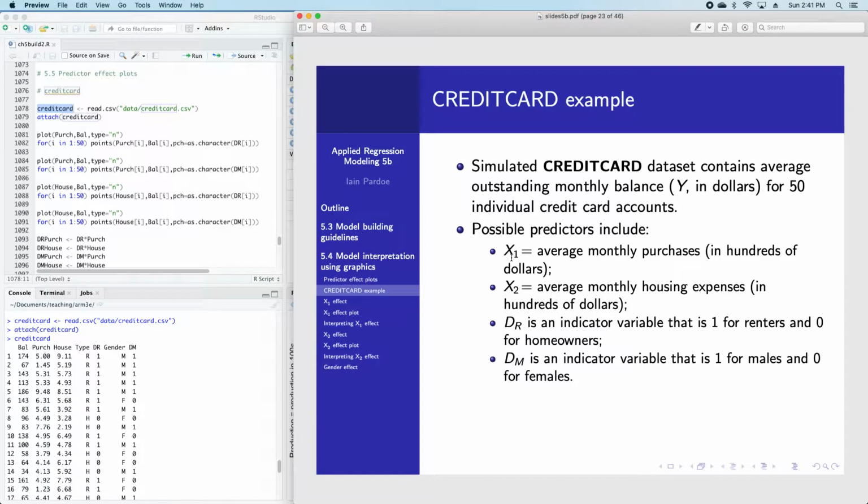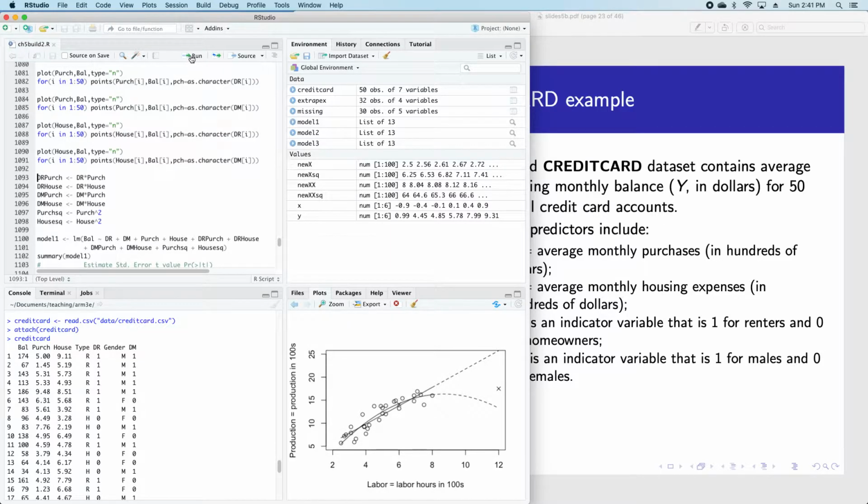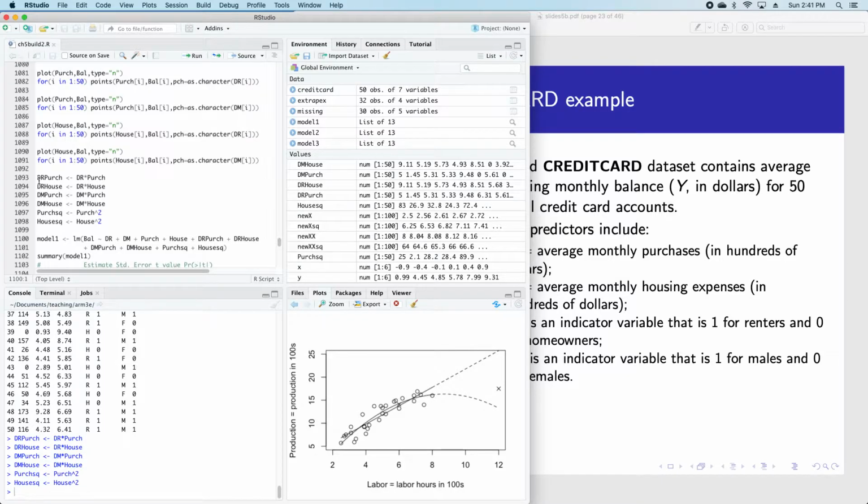And so we've got two quantitative predictors and two qualitative predictors that we are coding using dr, which is the indicator variable for renters rather than homeowners, and then dm is the indicator variable for males compared with females. So I'm going to create all of these additional predictor terms.